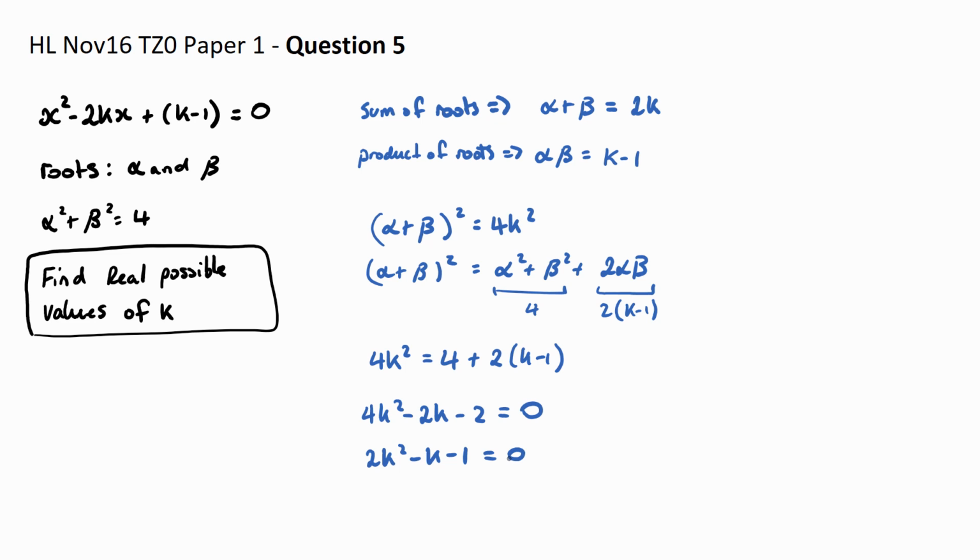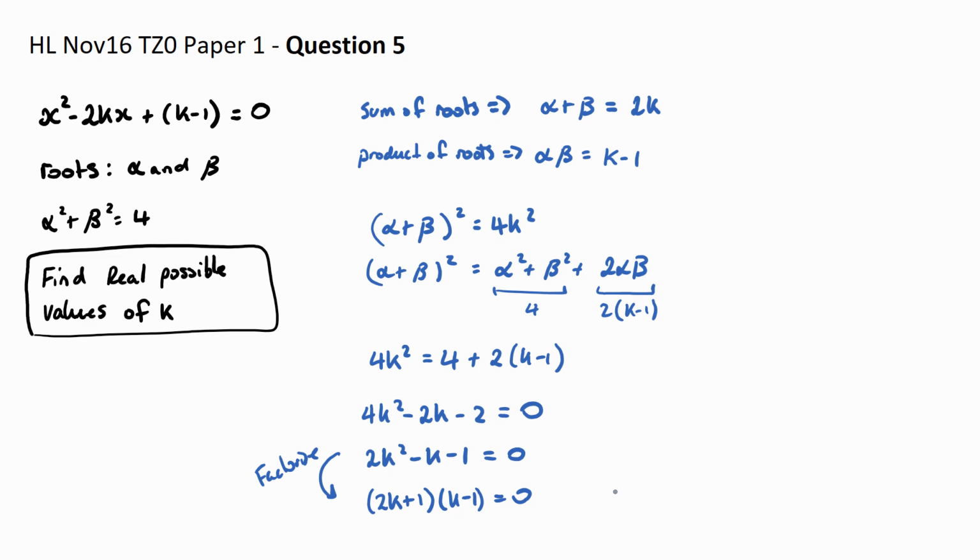And you can just use the quadratic formula, or we can factorize, either or. And if we factorize this, we're going to get 2k plus 1 and k minus 1. You can check that by expanding, and we should get the same.